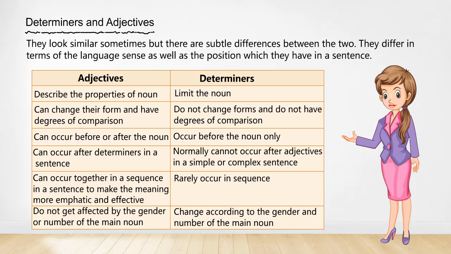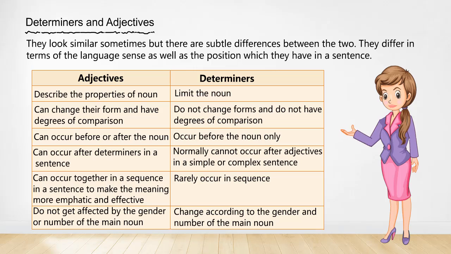Adjectives can change their form and have degrees of comparison. Determiners do not change forms and do not have degrees of comparison. Adjectives can occur before or after the noun. Determiners occur before the noun only. Adjectives can occur after determiners in a sentence.